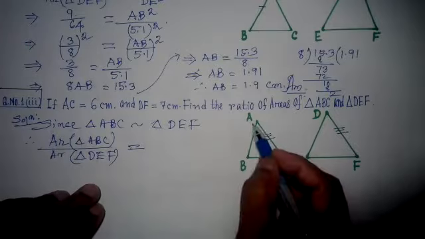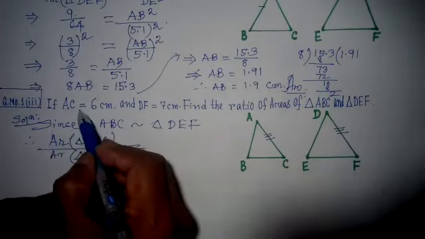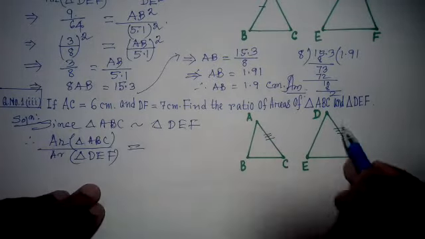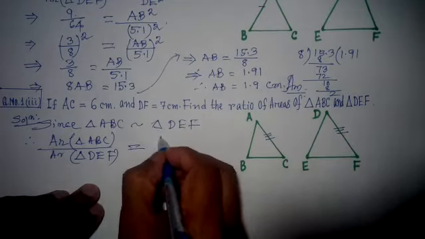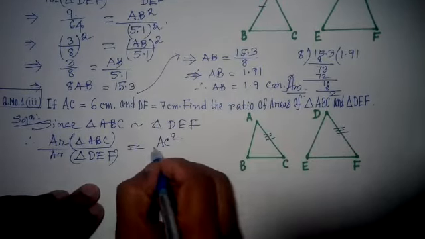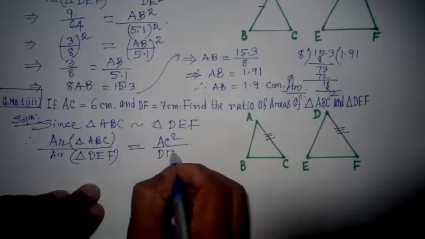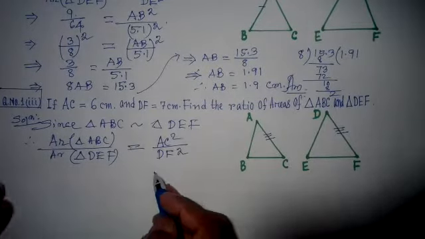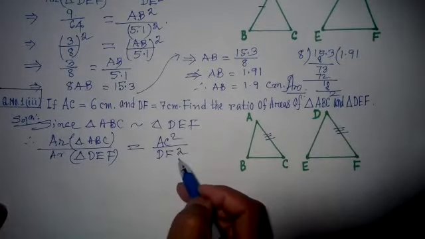So corresponding sides are AC and DF, because the values of AC and DF are given, so we take AC and DF. So it is AC square by DF square according to theorem 18, the square of the ratio of their corresponding sides.